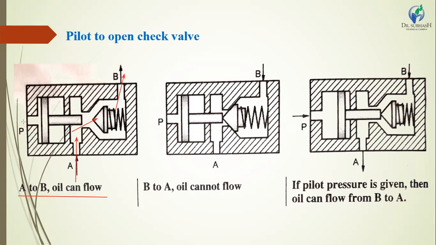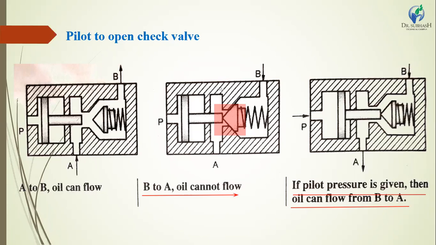The hydraulic pressure is applied from this point. In the second drawing, the oil cannot flow from B to A. Here the conical poppet is attached to this piston cylinder arrangement, and it closes the center point. Here this point is closed, so the oil cannot pass from B to A. The second condition is that if the pilot pressure is given, then oil cannot flow from B to A. This is a normal condition.